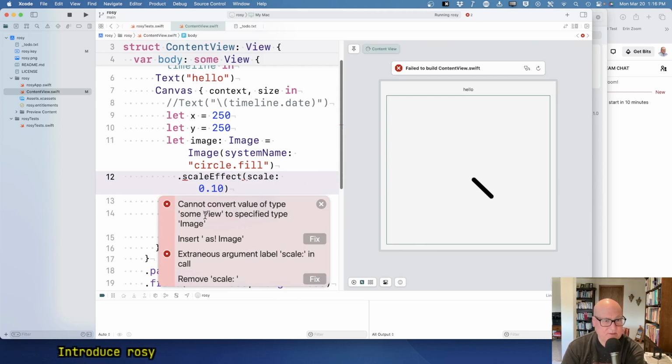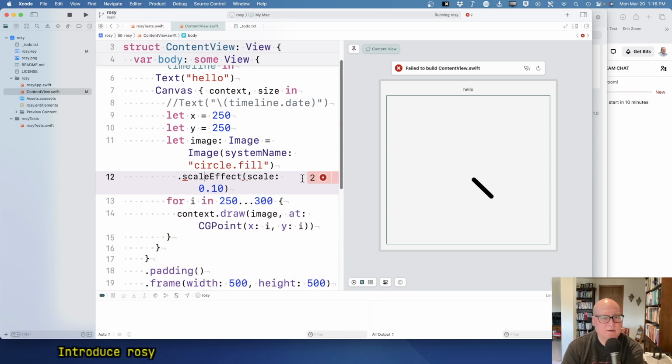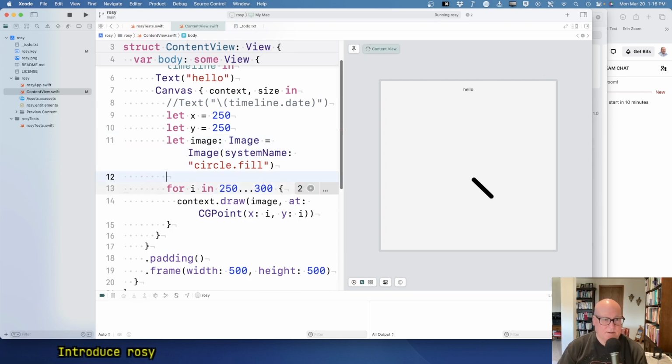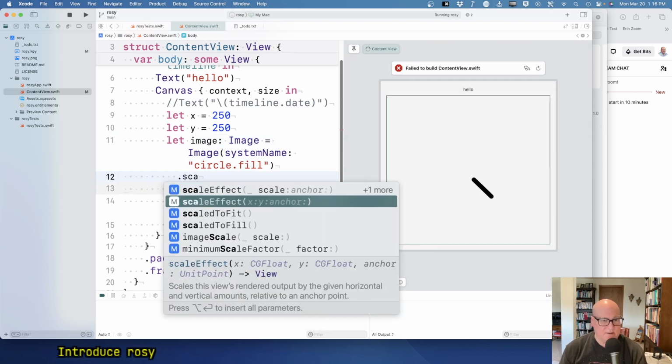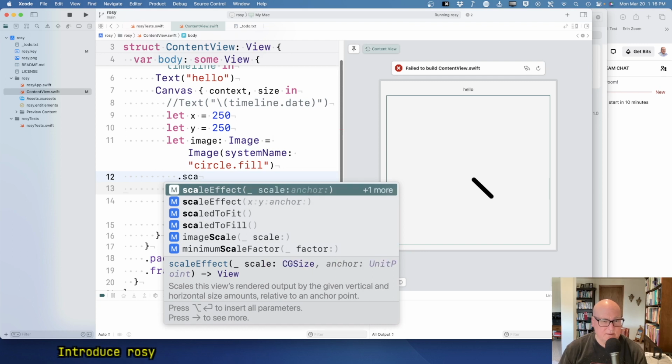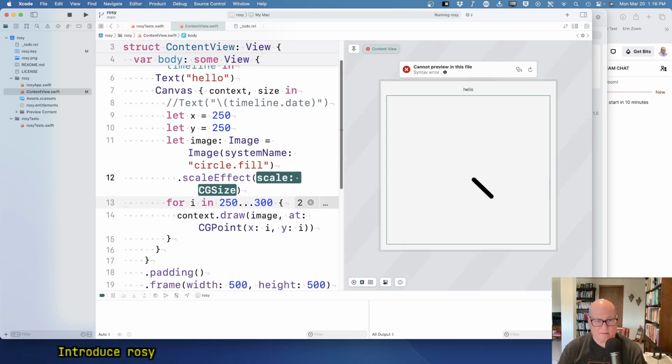Cannot convert some view to specify. Oh. No, image. This is image dot scale effect. I mean, you proposed it.